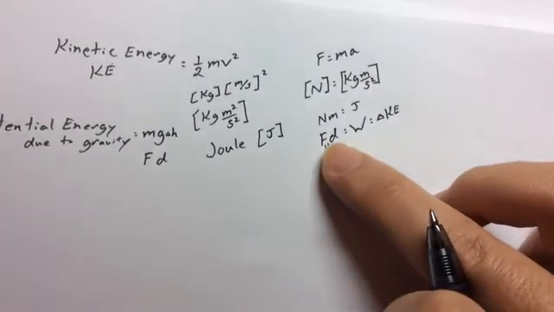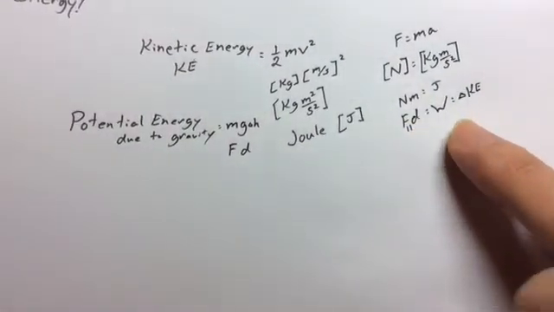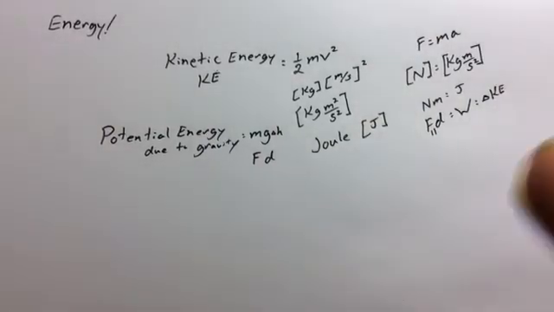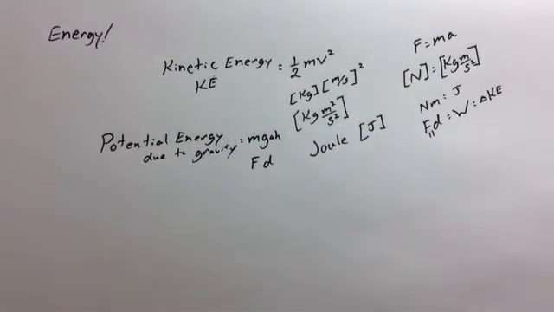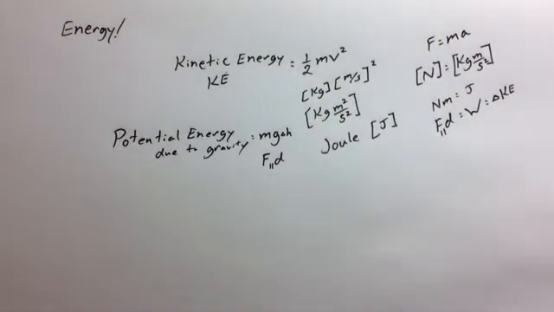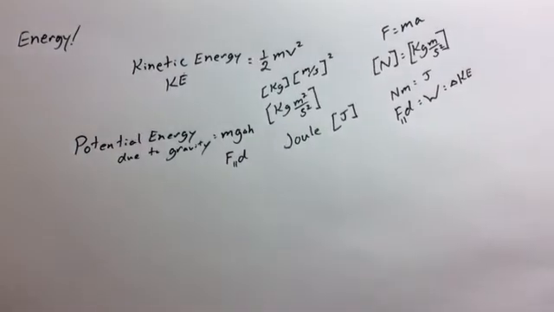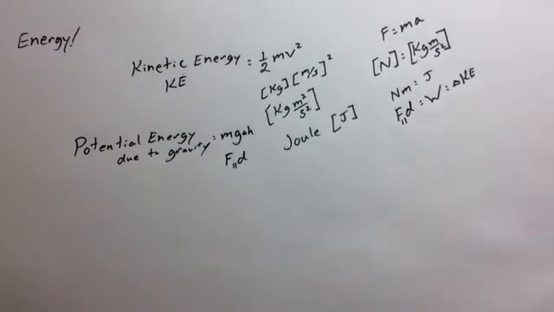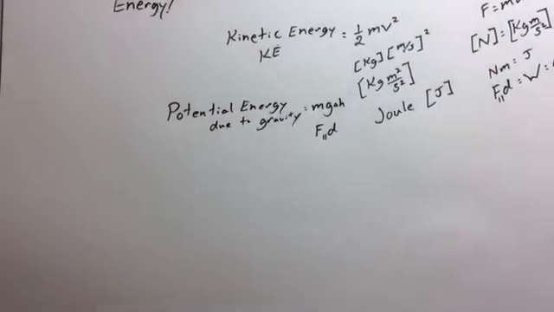That's work. And gravity pulls straight down. A height is a vertical distance, and gravity would be in the same direction as that distance that you go. And so with potential energy, we're talking about the force of gravity being able to do work on an object to make it go faster.